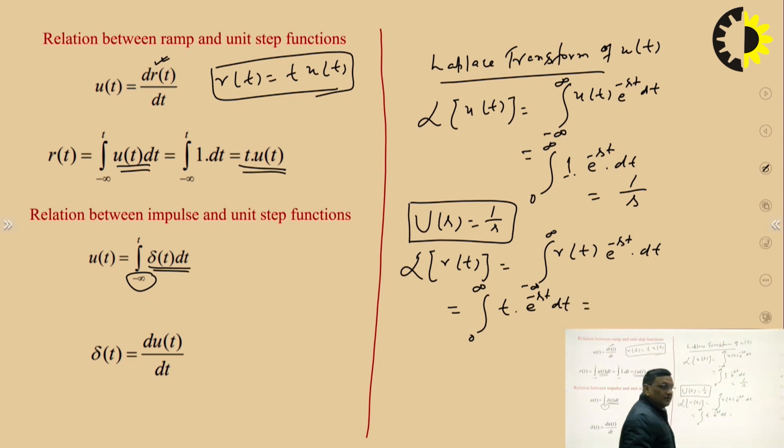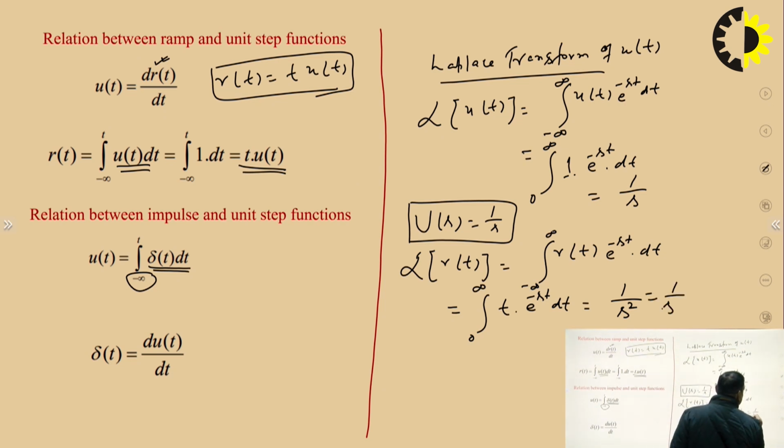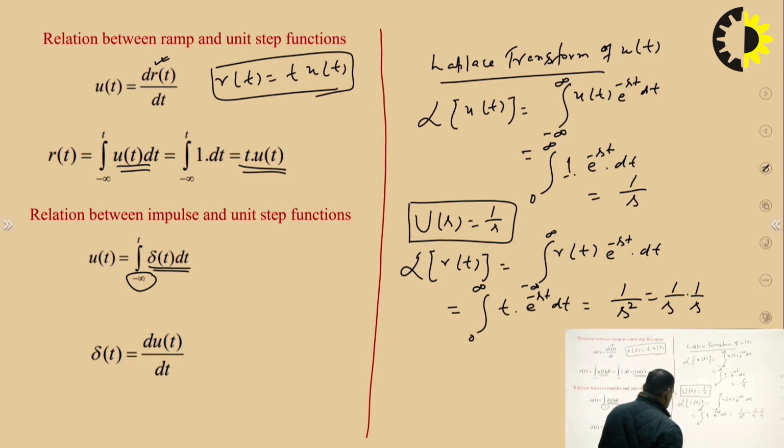If you take the integration of this ramp function, it is coming 1 by s square. So this can be written as 1 by s into 1 by s. So we can write Rs is equal to 1 by s into Us.